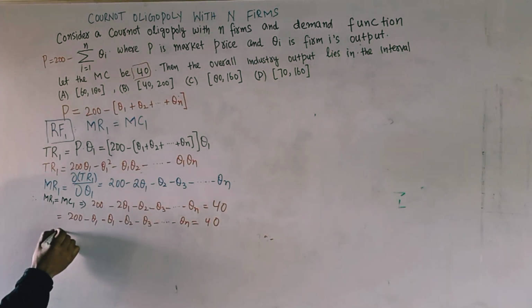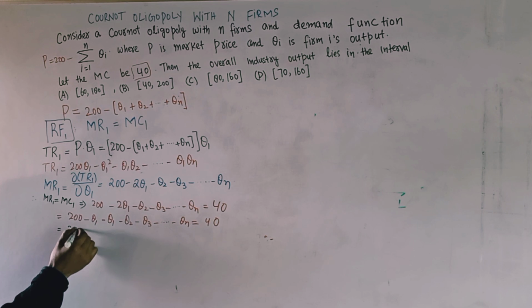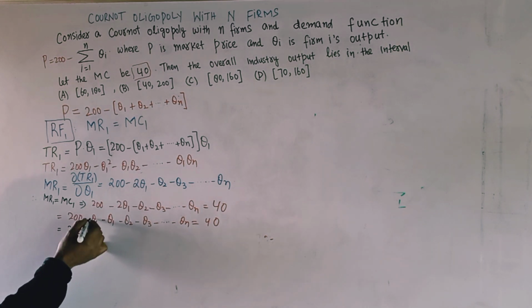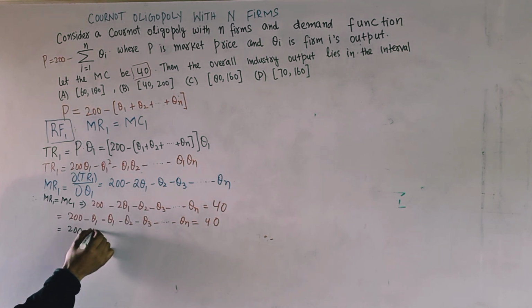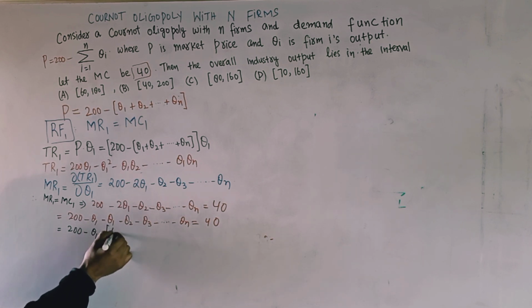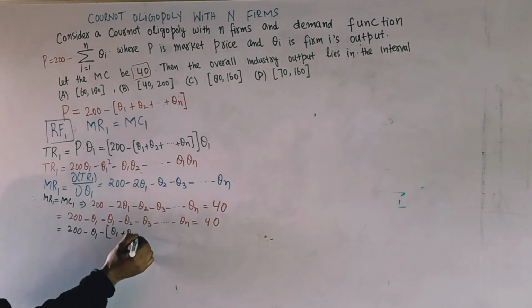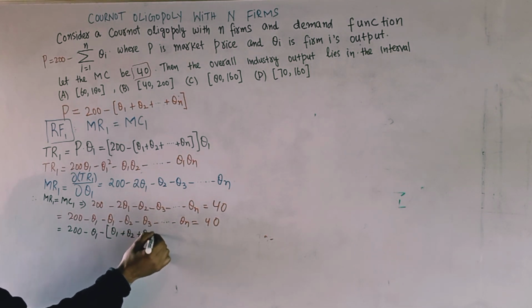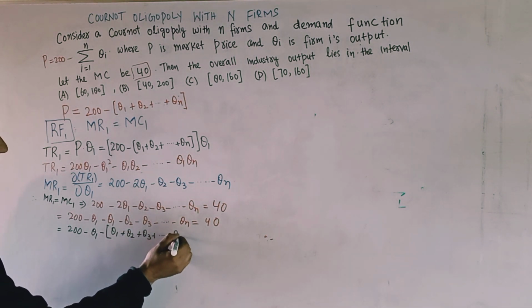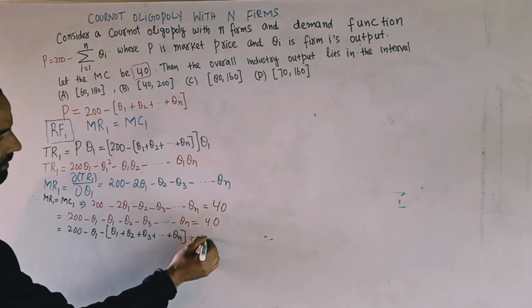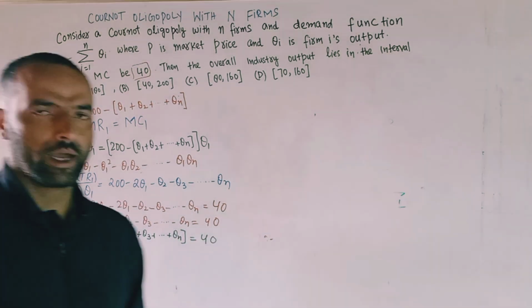Taking minus common, we have 200 minus Q1 first, then minus the bracket of Q1 plus Q2 plus Q3 plus so on to Qn, equated with the marginal cost. I hope I am making myself clear.